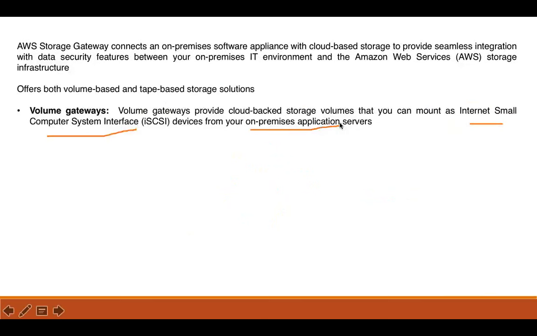So with the volume gateways, we create volumes either in our data center or in the S3 bucket so that these volumes can be mounted as iSCSI devices from our on-premises servers. These servers will write the data onto these volumes. If it doesn't make sense right now, I'll show you the practical side of it, and it will make more sense after that.